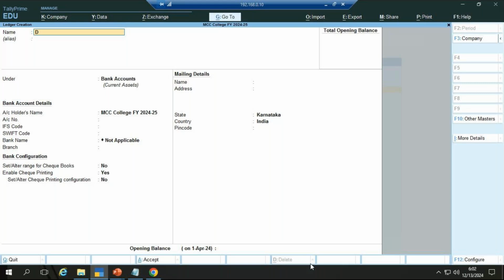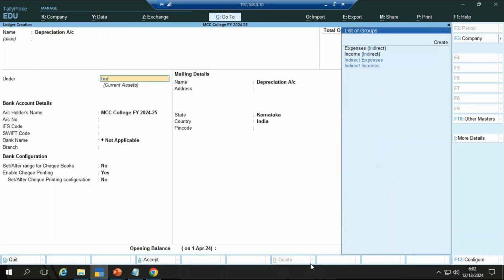First one is depreciation account, which comes under indirect expenses.